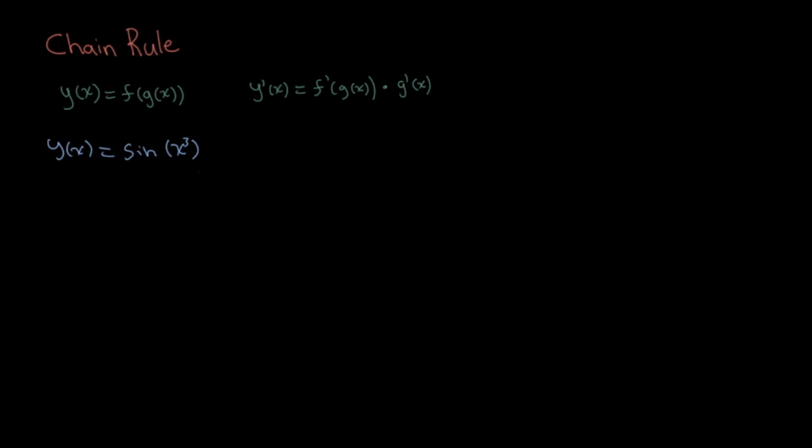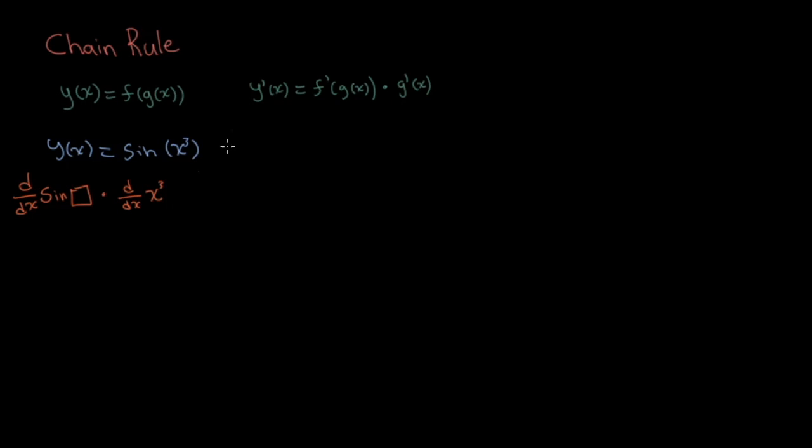So you'll have, let's get a different color here, something like this. d by dx, the derivative of sine of whatever, times the derivative of x cubed, so whatever was in that box.